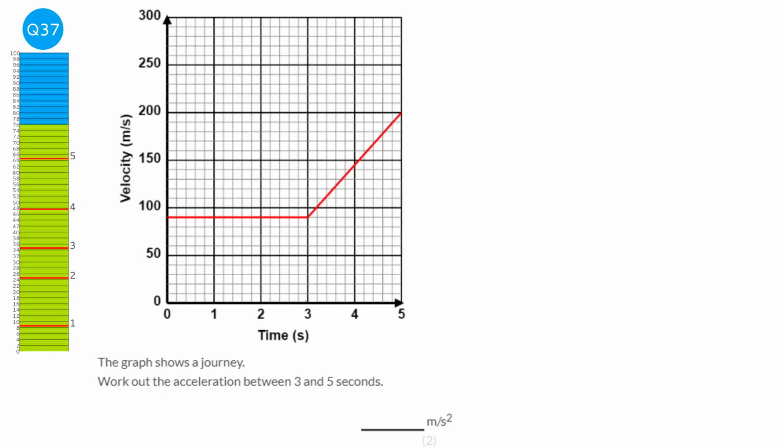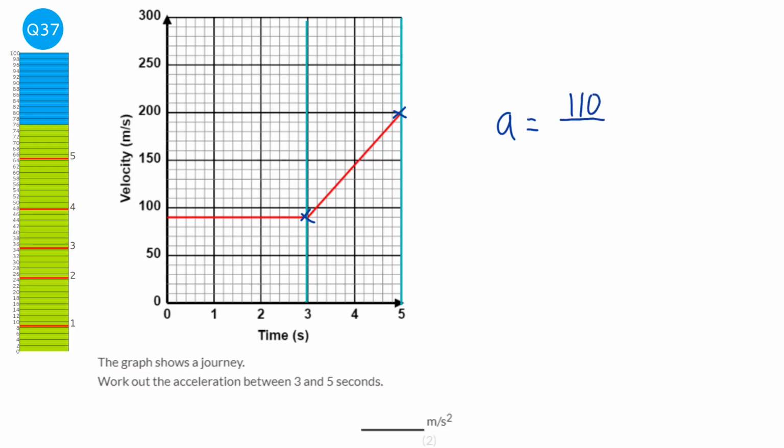So we're looking for the acceleration between 3 and 5 seconds. And acceleration is calculated by the change in velocity. So we're going to see how much the velocity's changed. So it started at 90 and it's gone up to 200, so that would be 110, over the time.